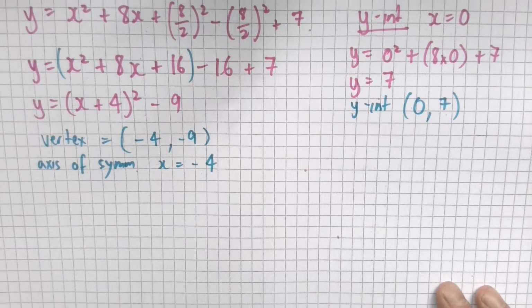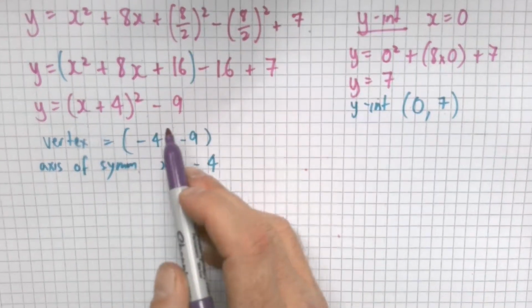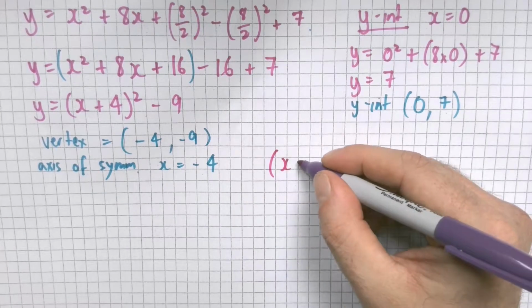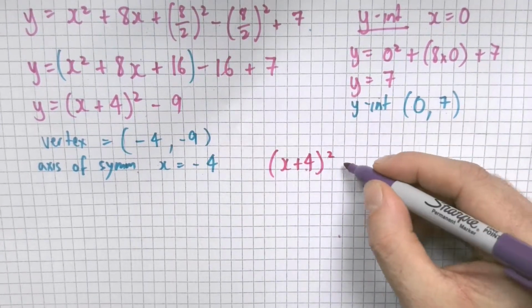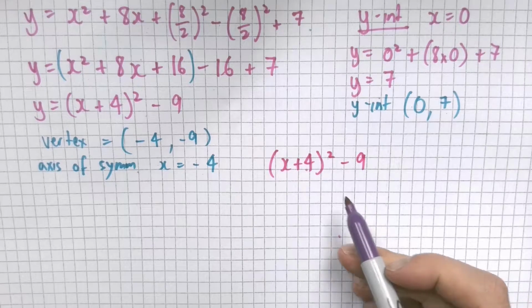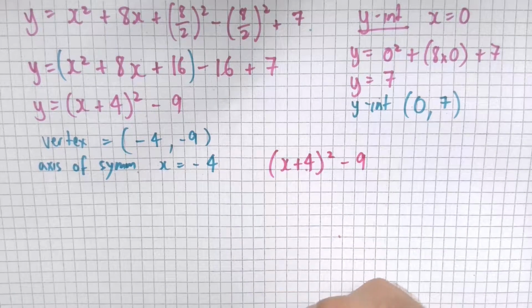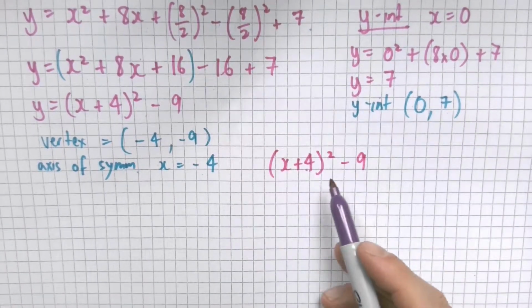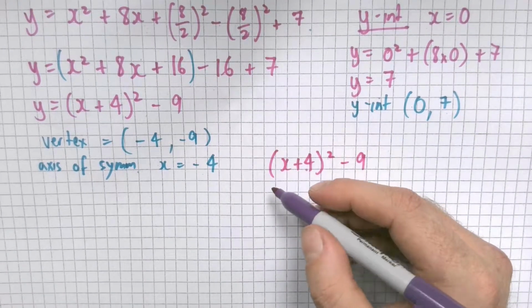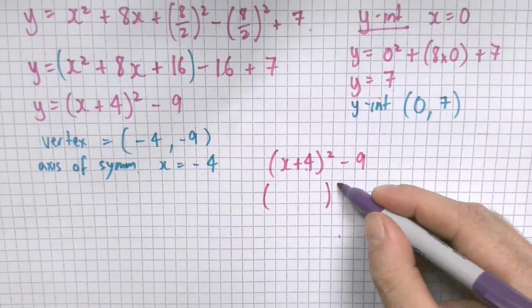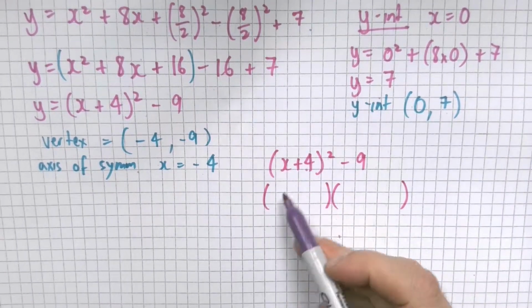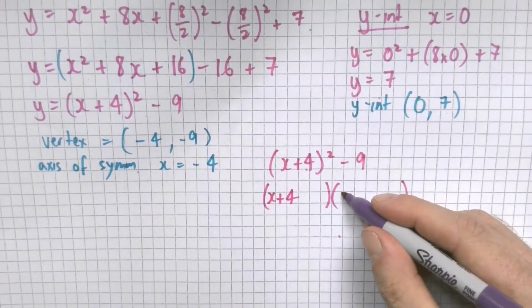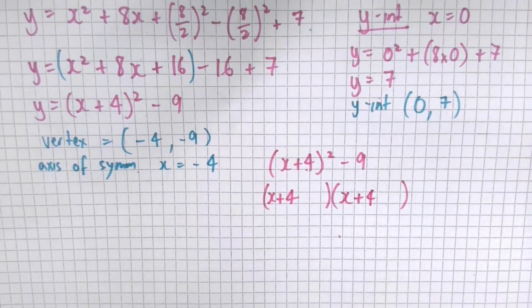What we need to do is look at this step we've got here, the vertex form, which is (x plus 4) squared take 9. We can factorize this further using difference of perfect squares. So remembering back to that procedure, essentially we've got two sets of brackets. The square root of (x plus 4) squared is simply x plus 4, so that goes at the front of both sets of brackets.